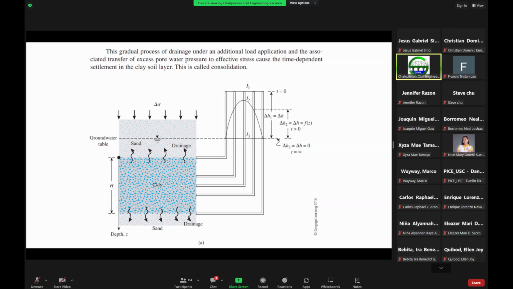For example, if it is surrounded by sand layers above and bottom, since the permeability of clay is smaller than the permeabilities of the sand, it will try to drain itself slowly.